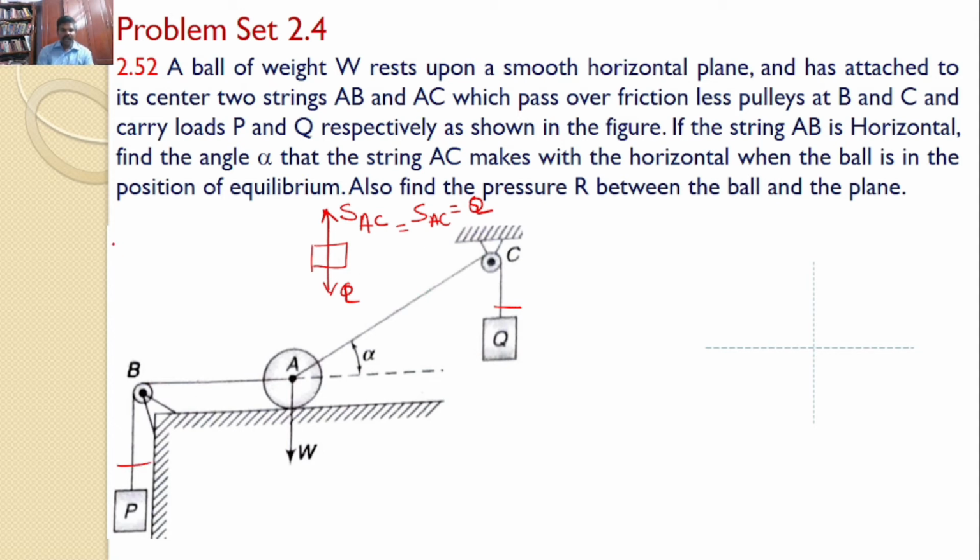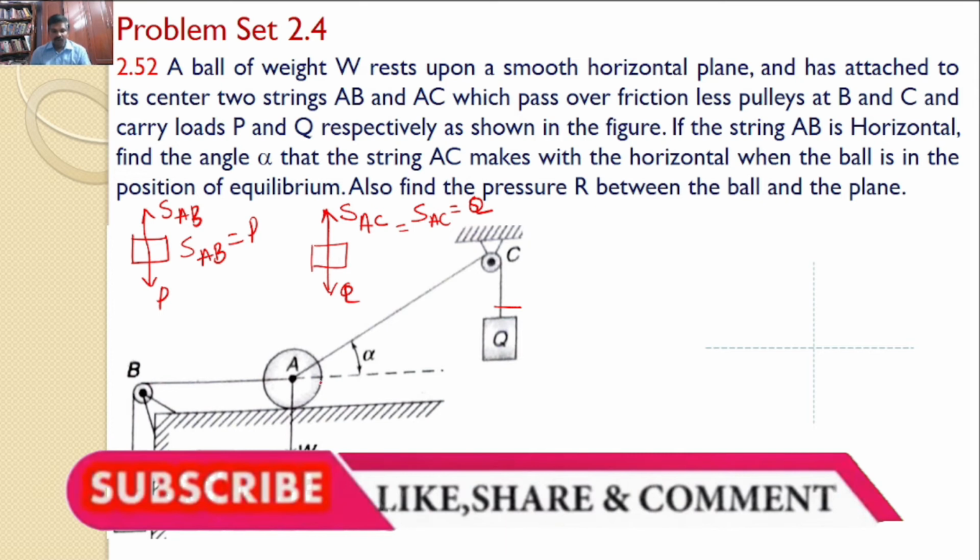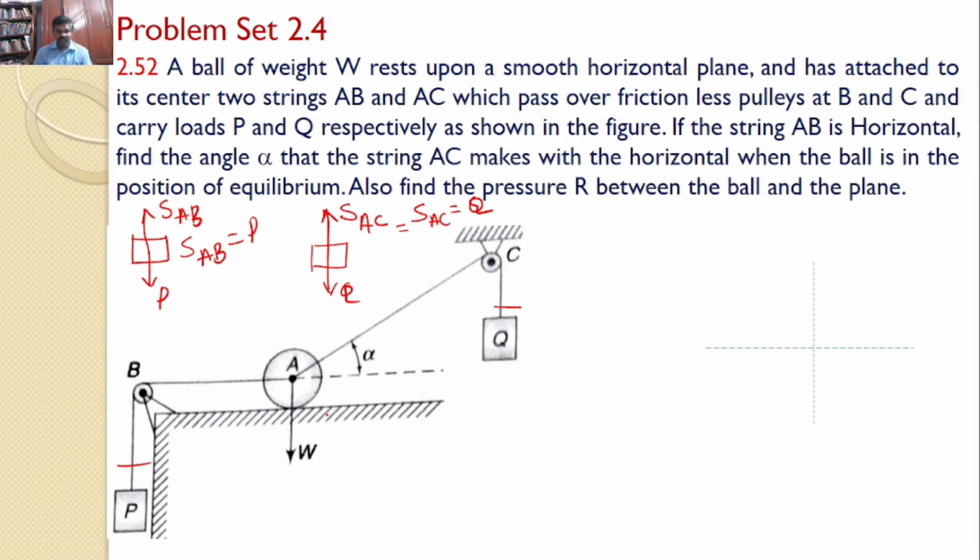Similarly, if you draw the free body diagram at B, there is a force P and there is a string force SAB, and from the equilibrium condition we can say SAB is equal to P. That means the force along AB is equal to P. So if you consider the various forces acting on the ball, the first force is the self weight, that is W. The next force is the force along AB, away from point A, and this value is P because the entire string has the same force.